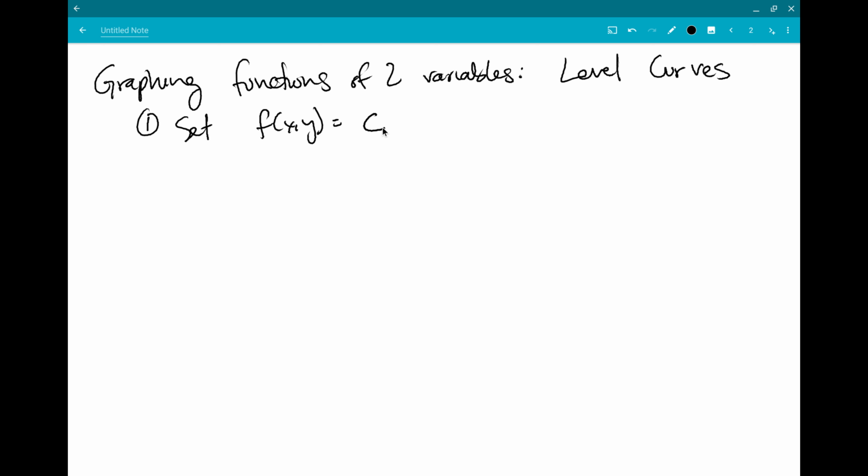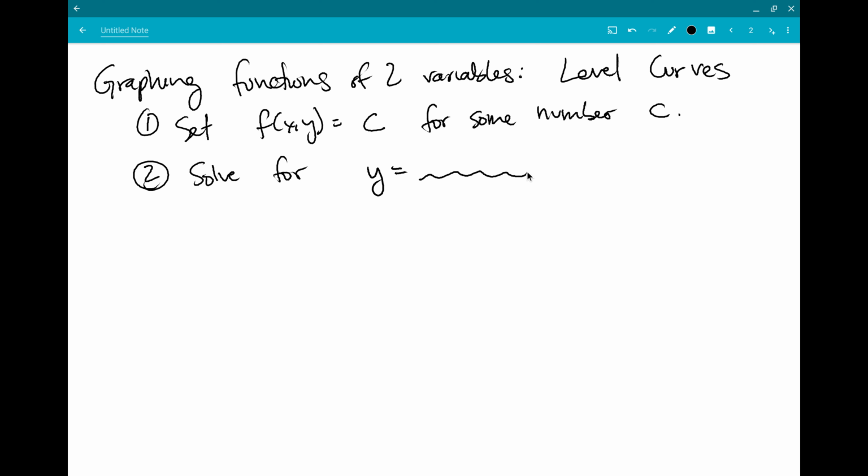So what you're going to do is start by setting your function f of x, y equal to c for some number c. And then you can go ahead and solve for y equal to a bunch of stuff that maybe depends on x in there. We'll still have c in it somehow.